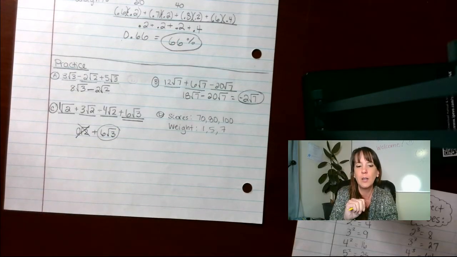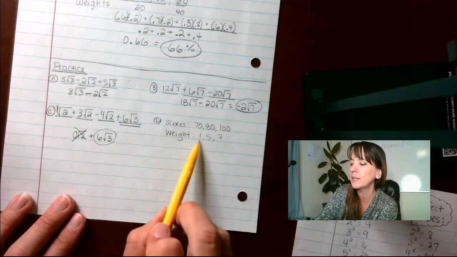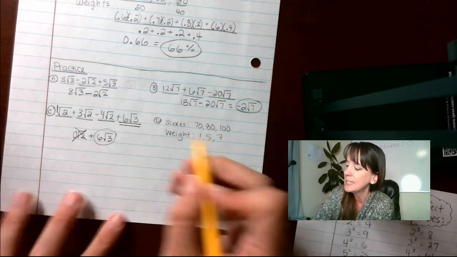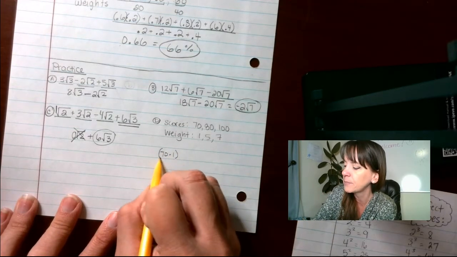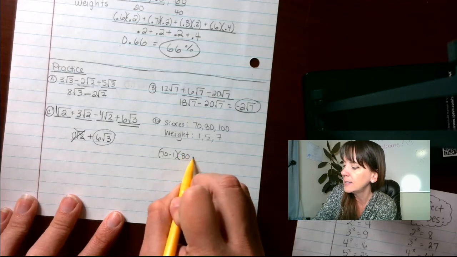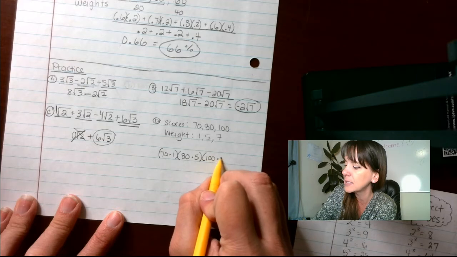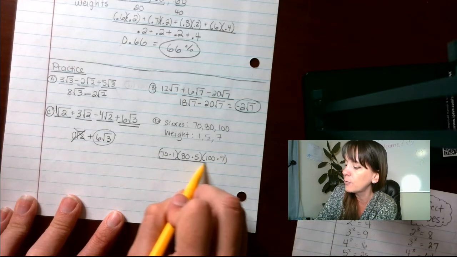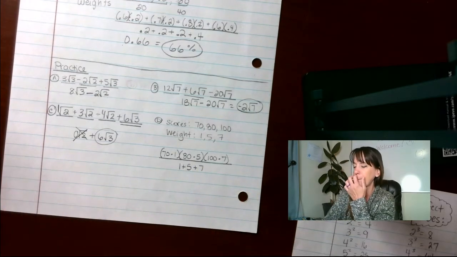All right, so on this guy right here, we've got a weighted average. Here are our scores and here is our weight. So we have 70 times 1, 80 times 5, 100 times 7, over 1 plus 5 plus 7.